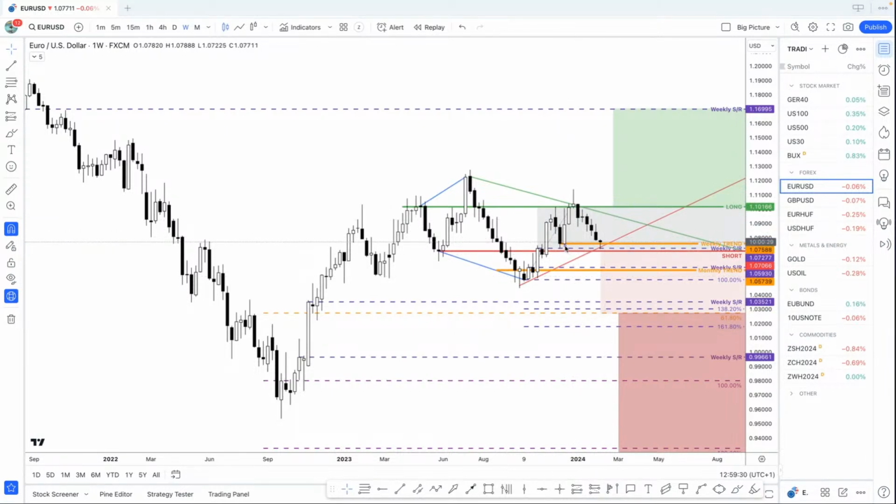First of all, we have a wave structure that shows a long trend. That's a valid long trend. And we have the starting point of the long trend here. Right now, the market is testing this level. Okay.